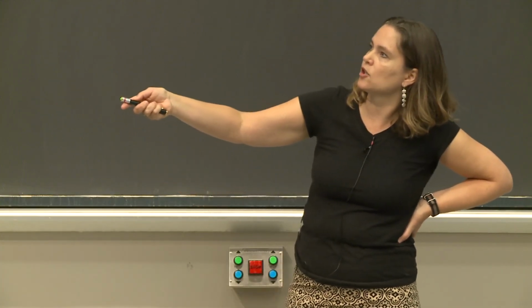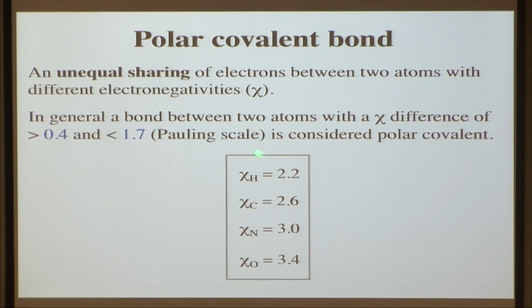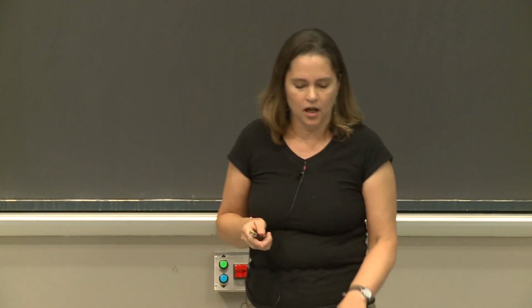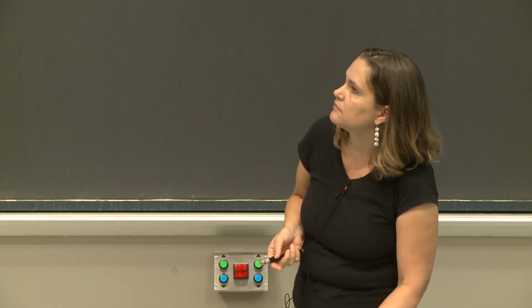So if we look at this little plot, we could see that carbon-hydrogen bond only has a 0.4 difference, so that would not be considered a polar covalent bond. But nitrogen-hydrogen is a difference that is greater than 0.4, so that would be a polar bond. And so you can use these values to think about whether you're going to have unequal sharing, and the more electronegative element is going to be pulling on those electrons.